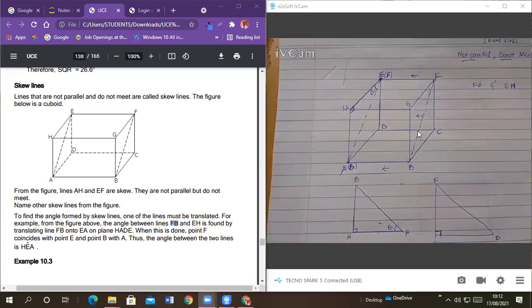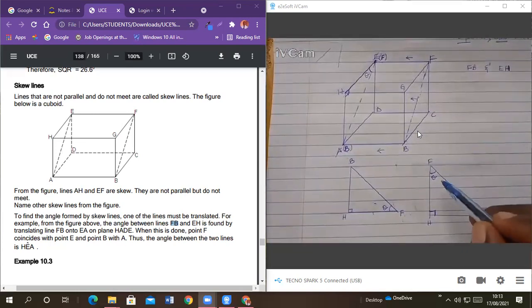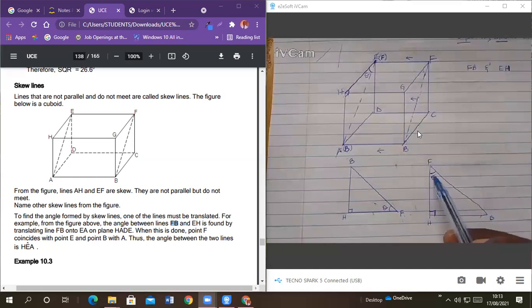Now, this means that your angle theta will always be at F. You can draw it like this as long as you maintain where the angle is. The angle is at F. So don't draw the angle and put it at B. And HB remains the same.